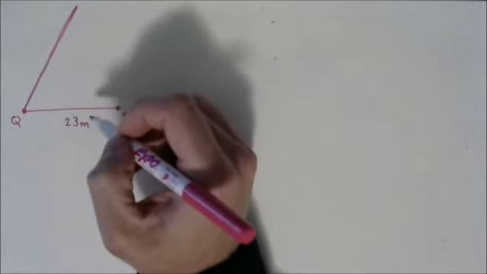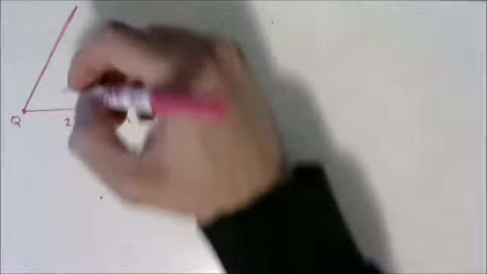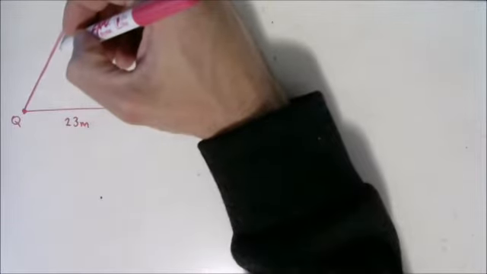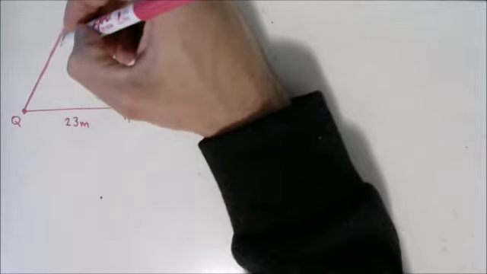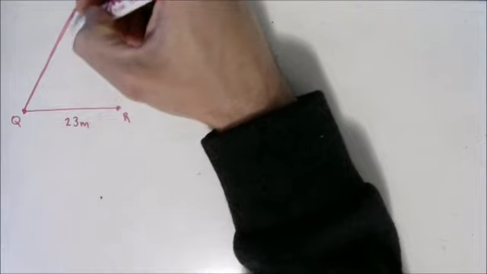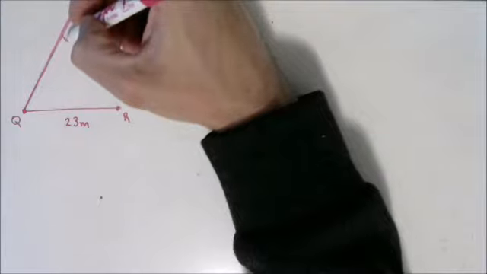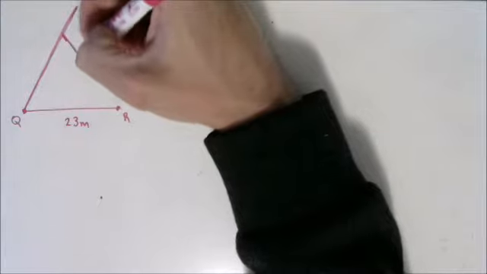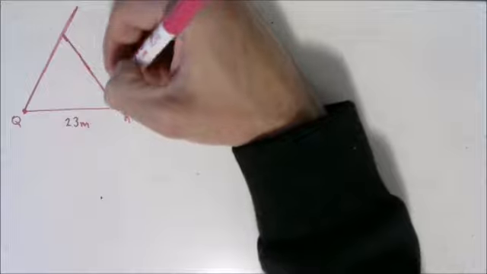From Patina's point of view, the others are separated by an angle of 55 degrees. So up here would be more like 60. Probably right around here. Again, your diagram doesn't have to be perfect.